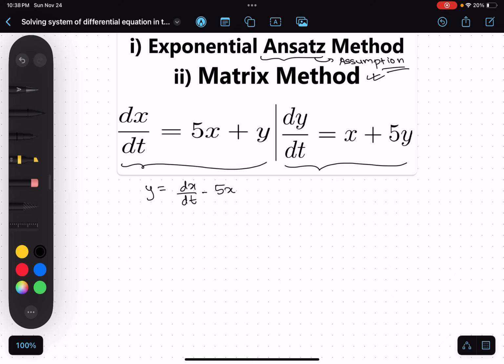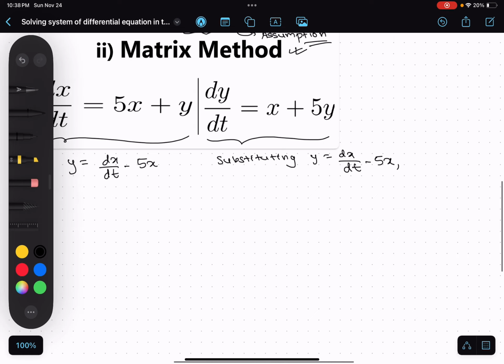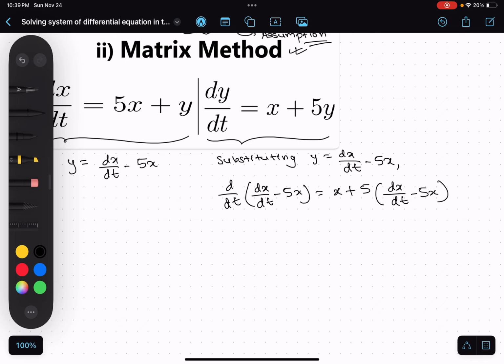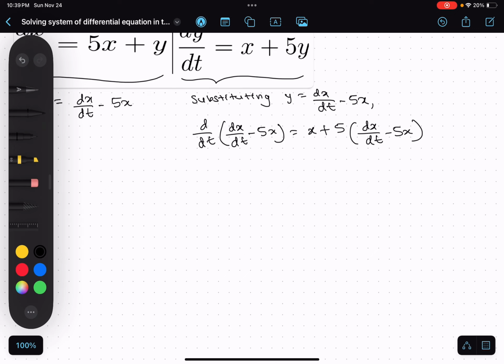So we use this from the first differential equation and substitute y = dx/dt - 5x in the second one. Now what we get is d/dt of (dx/dt - 5x) equals x + 5(dx/dt - 5x). Now this is entirely based on x, and there's no y, and that's a benefit.